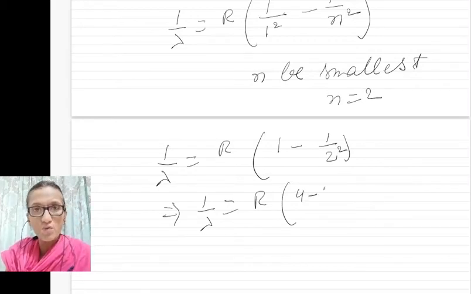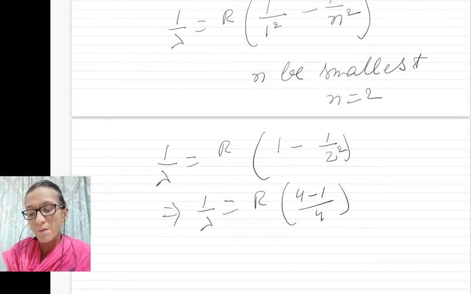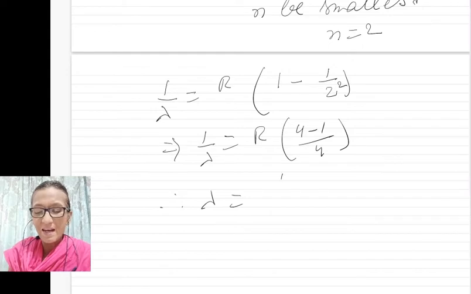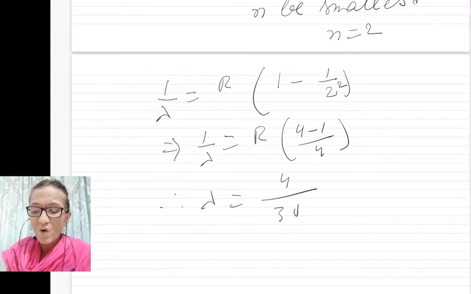So 1 minus 1 by 4, it is 4 minus 1 by 4. And therefore lambda can be obtained as 4 divided by 3R.